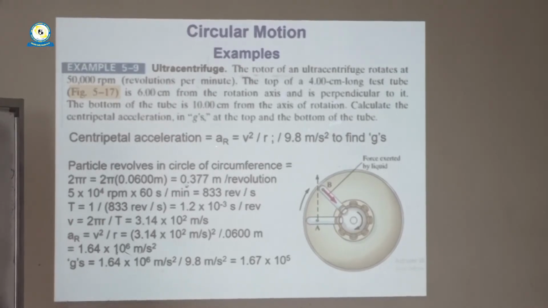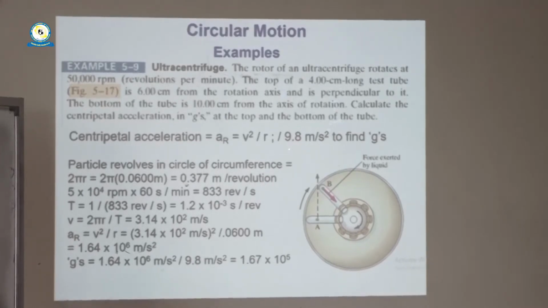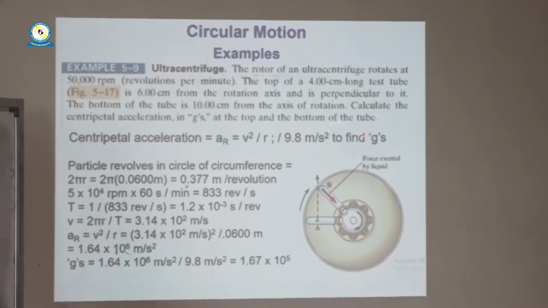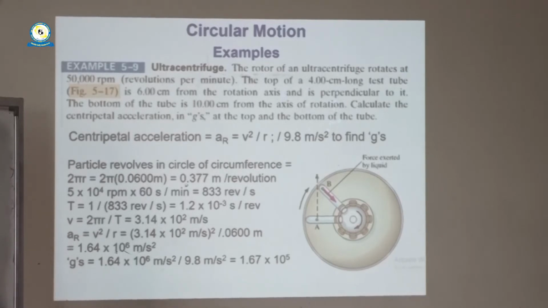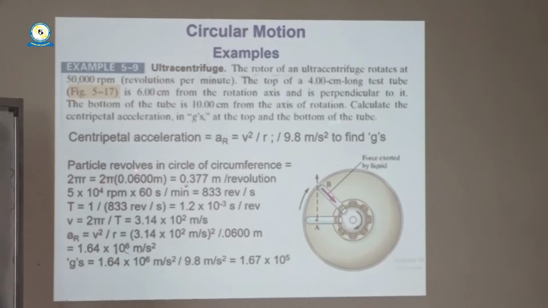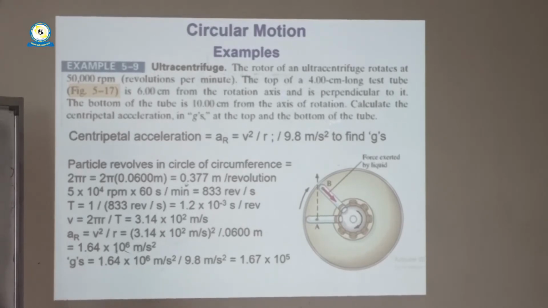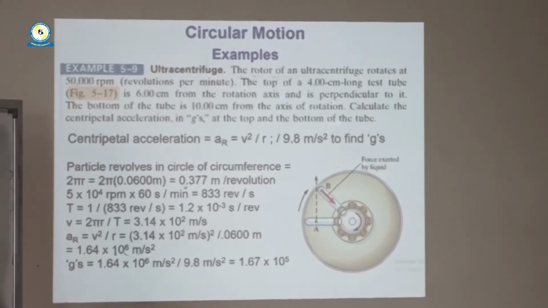Centripetal acceleration, we know, is v squared over r, and gravity is 9.8 meters per second squared, to find the g's. A particle revolves in a circle whose circumference is equal to 2 pi r. Particles, because the blood may be mixed with particles.